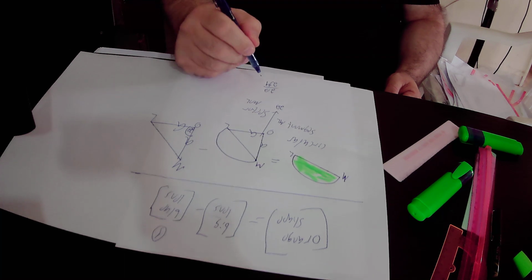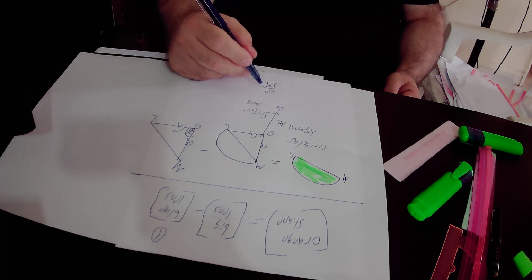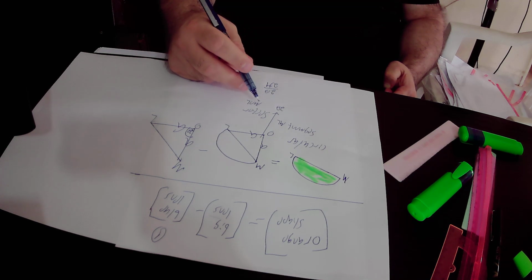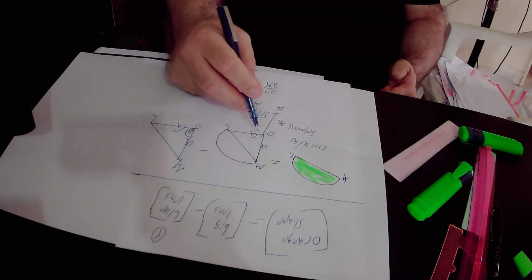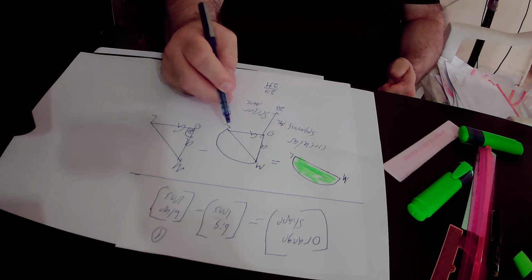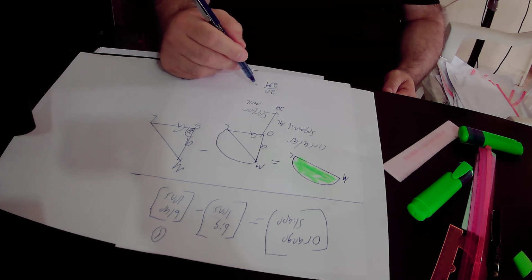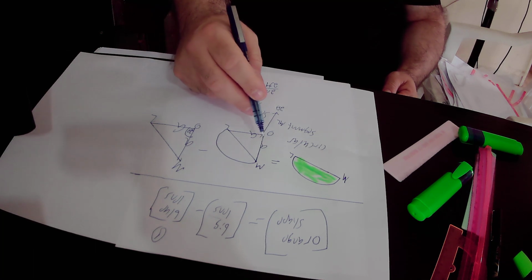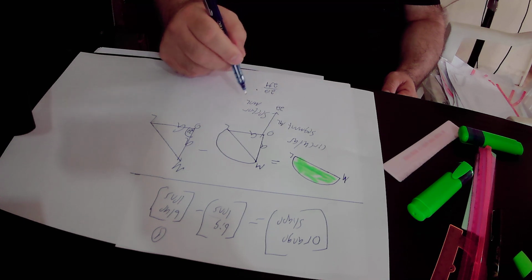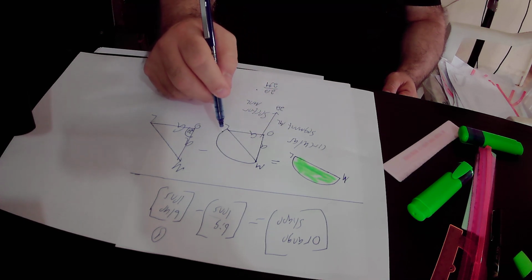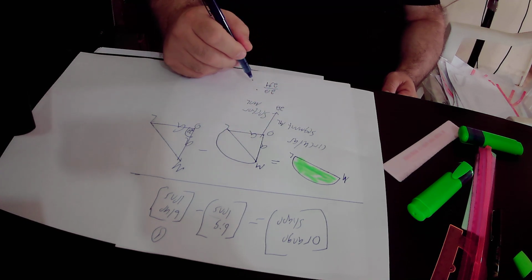So this ratio 2 theta over 2 pi gives us the percentage that the sector occupies out of the whole circle. And then when we multiply this ratio by the area of the circle, it will give us exactly the area of this sector MOL.